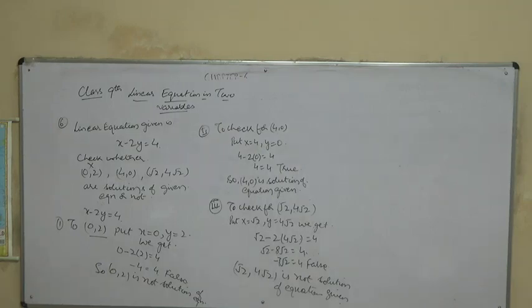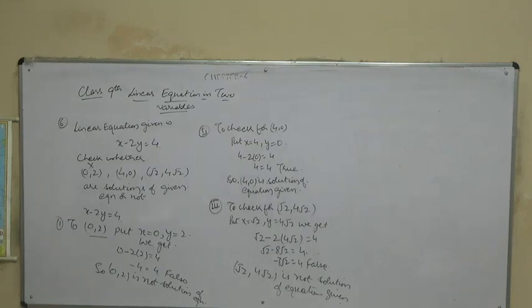So we have seen that we can write various solutions, 2, 3, 4 solutions, for a linear equation in 2 variables.